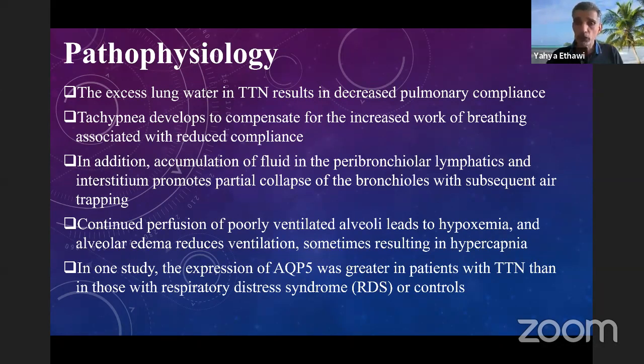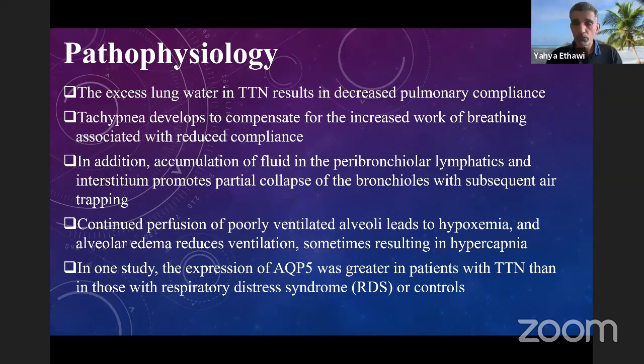Accumulation of fluid in the peribronchial lymphatics and interstitium causes pressure on these and promotes collapse of bronchioles. Once the bronchiole is collapsed, the air goes in but it becomes like a valve, and the air cannot go back, so there will be air trapping.